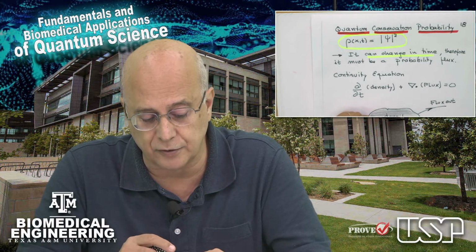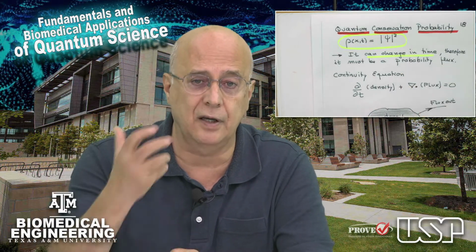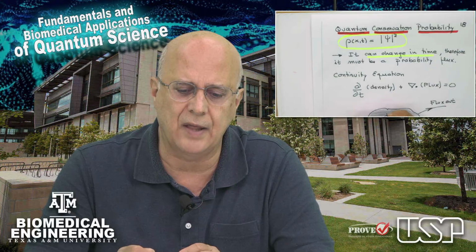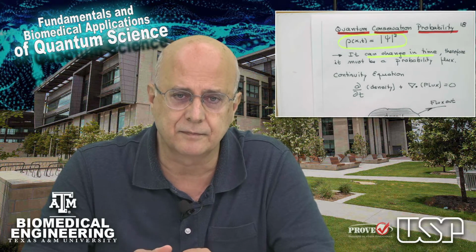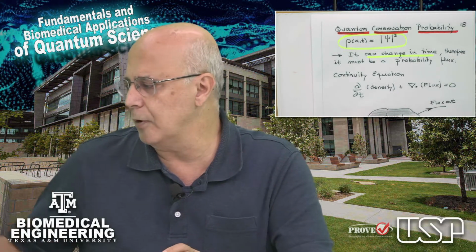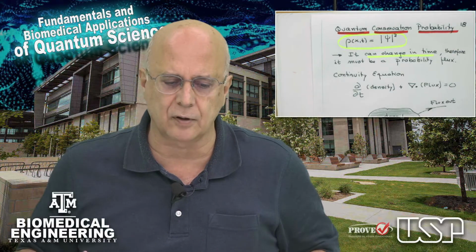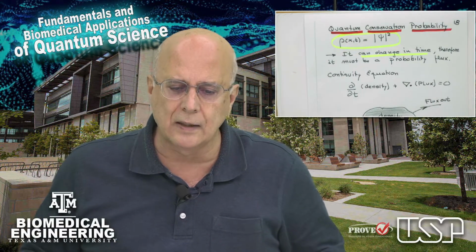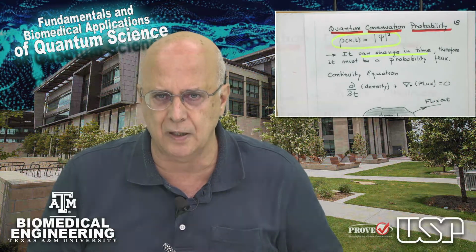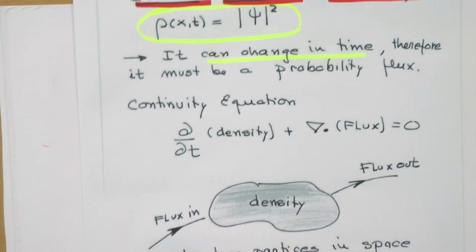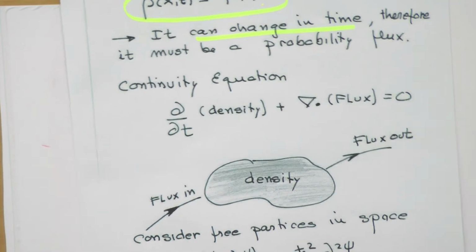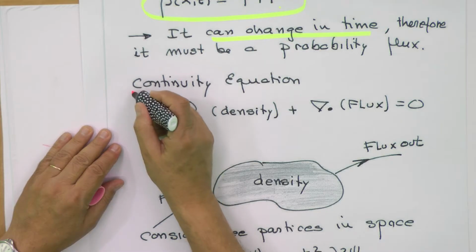So if it is not conserved, somebody is either giving or taking density of probability from the system. So this is what I'm going to cover now in this part of the lecture, this quantum conservation of probability. And the way I want to do this is by what we call the continuity equation.